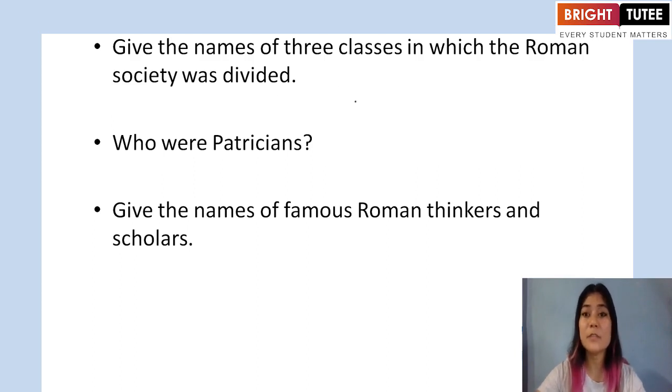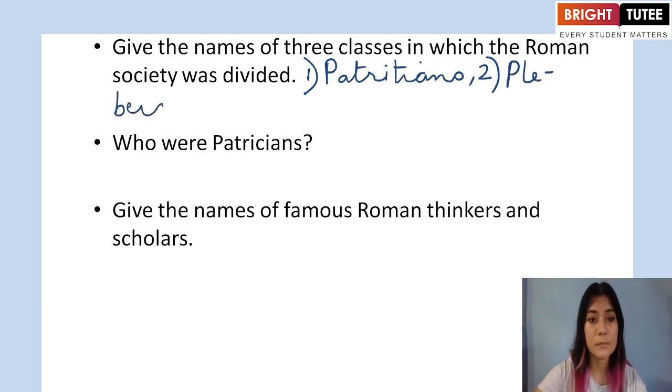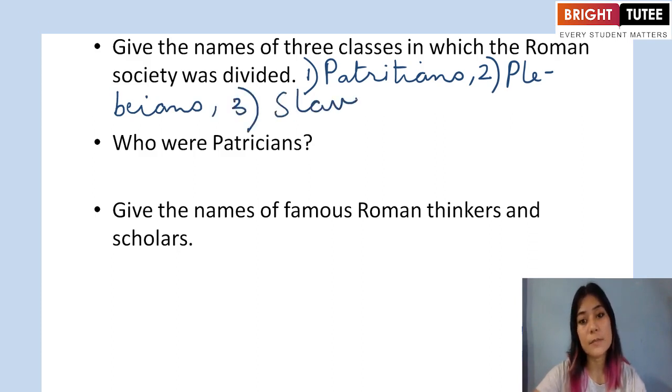Give the names of 3 classes in which the Roman society was divided. Number 1 was patricians. Number 2 was plebeians. And number 3 was the slaves. The next question. Who were patricians?